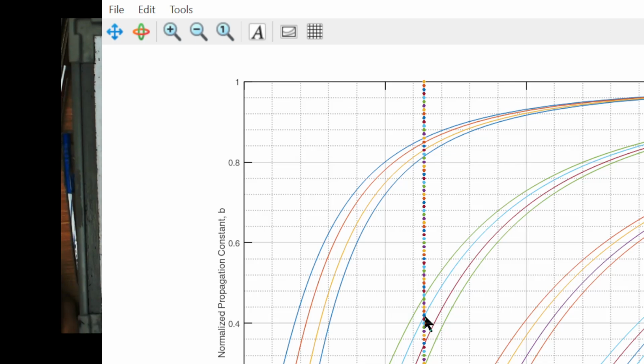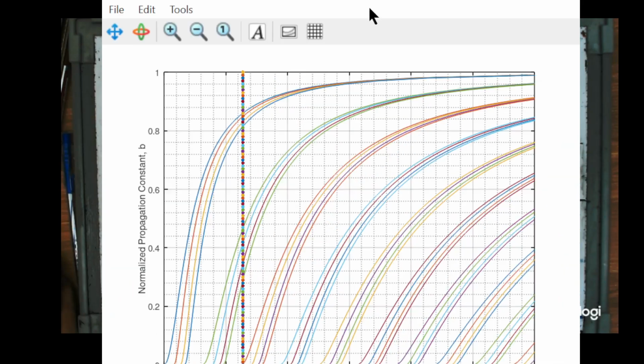From what I can get here, the crossing here is at B equals to 0.418, and the crossing here is 0.348. Okay, so now I think this graph is done. We don't need it anymore.